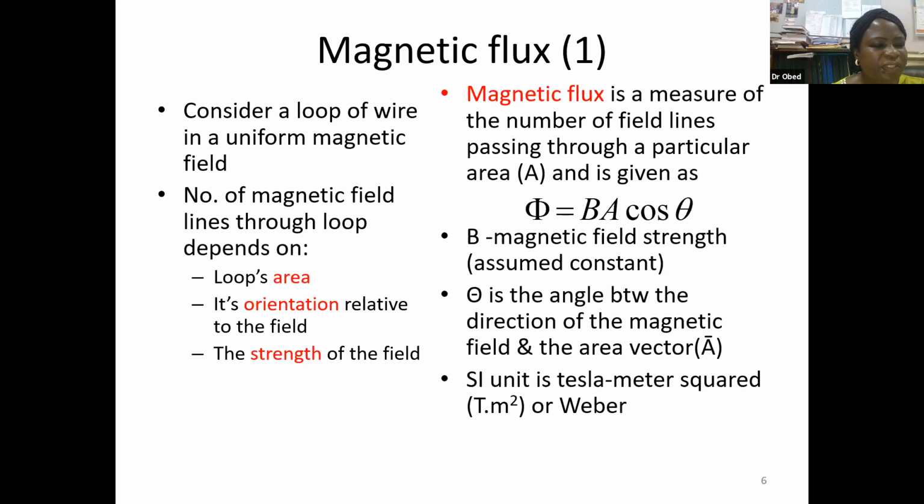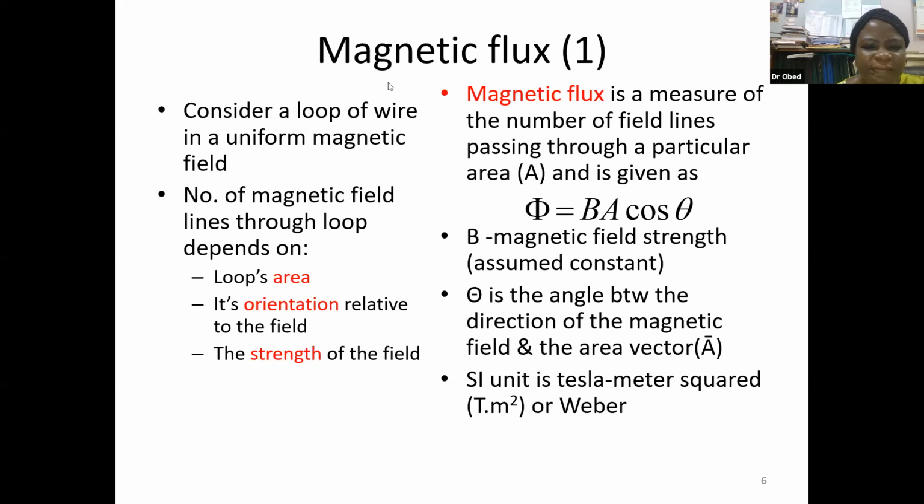Since the induced EMF in a loop depends on the rate of change of the number of magnetic field lines passing through it, determining induced EMF demands that the number of field lines through the loop be quantified. So we shall consider a loop of wire in a magnetic field.